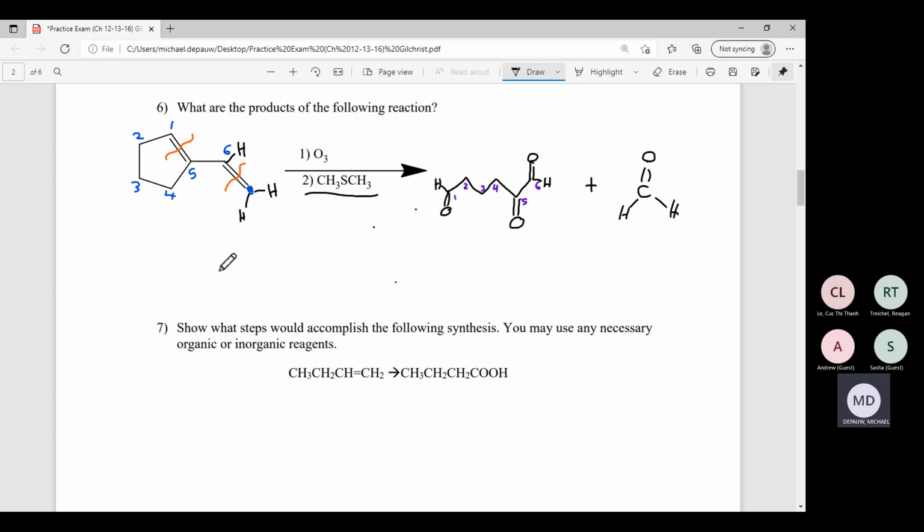What's the second reagent do? Basically, what you have to understand here is that there's kind of an intermediate complex. What really happens here is that you actually get this 3 oxygen complex, like this, okay?